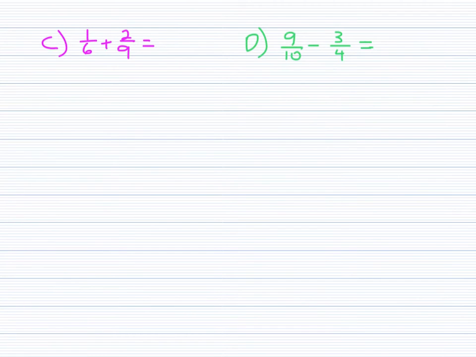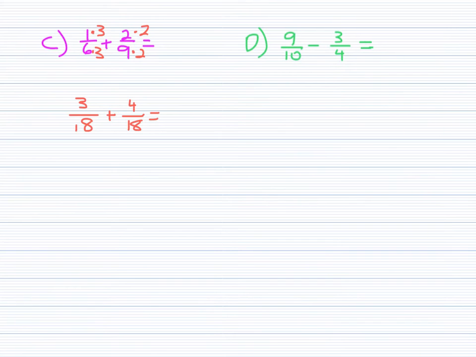So 6 and 9, I know both go into 18. So I can multiply 6 times 3, and I can multiply 1 times 3. 1 times 3 is 3, and 6 times 3 is 18. And then I can do 9 times 2 to get 18. So that gives me 18 in my second denominator, and I can do 2 times 2, which is 4.